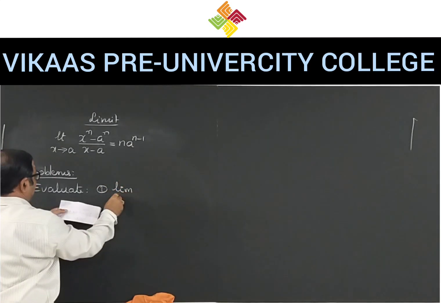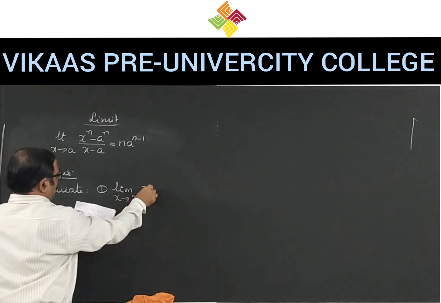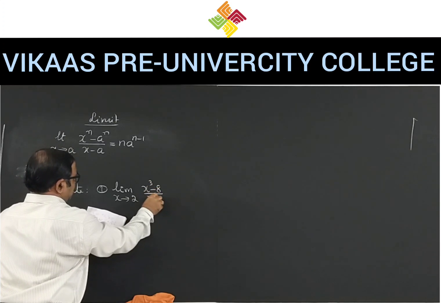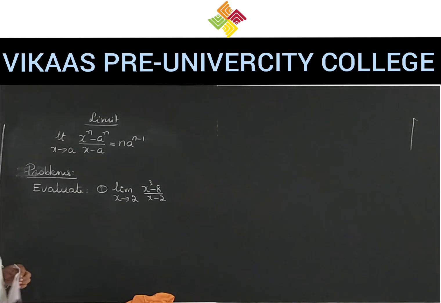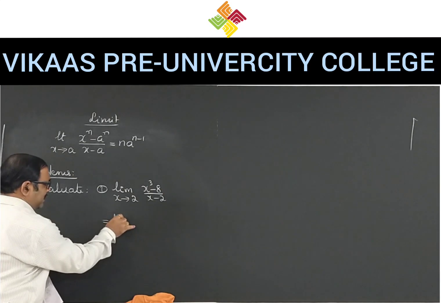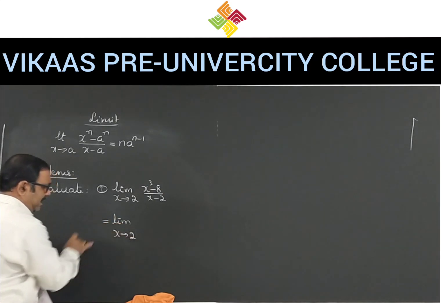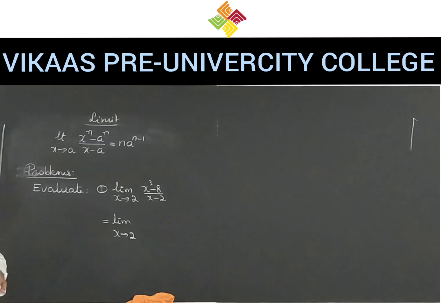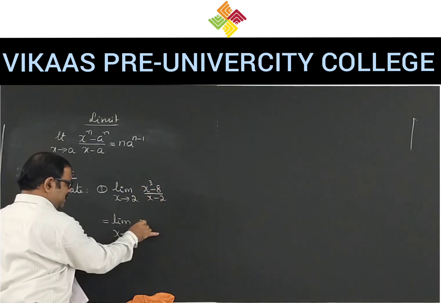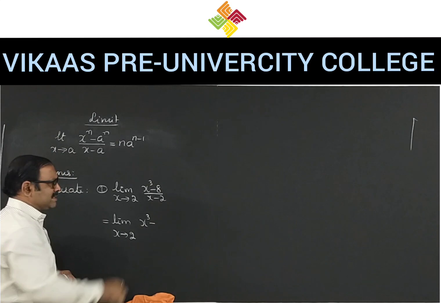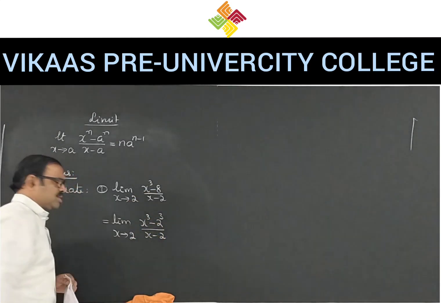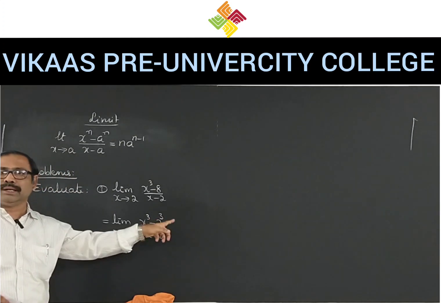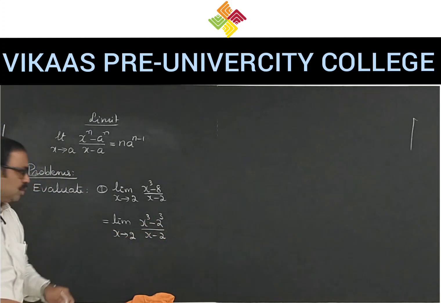limit x tending to 2 of (x cube minus 8) by (x minus 2). Now, write it in the form limit x tending to 2 of (x cube minus 8), where 8 is equal to 2 cube, by (x minus 2).